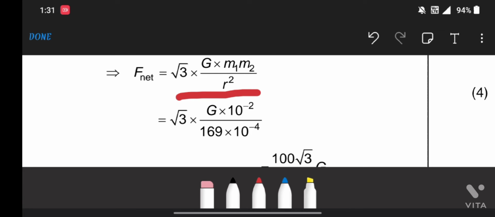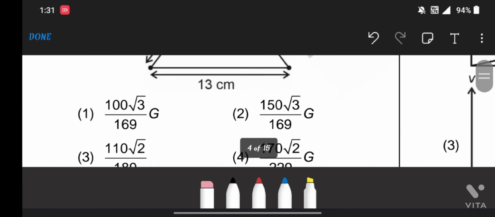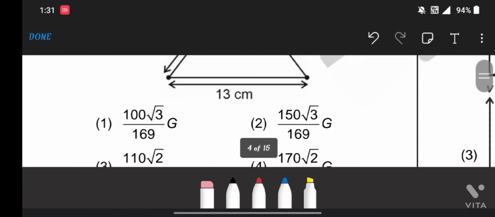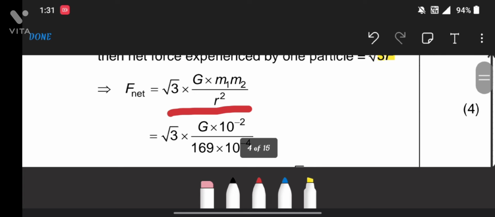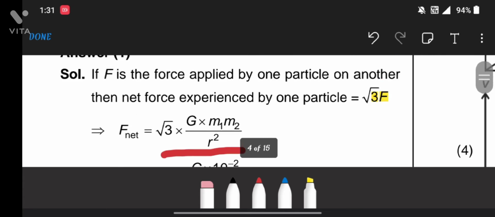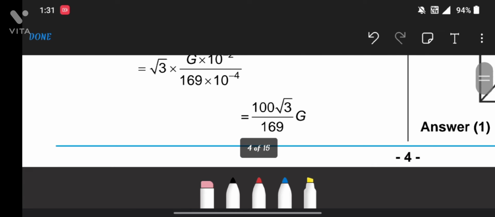Now G into 10 to the power minus 2, because they have given 100, and 169 into 10 to the power minus 4 they have given.